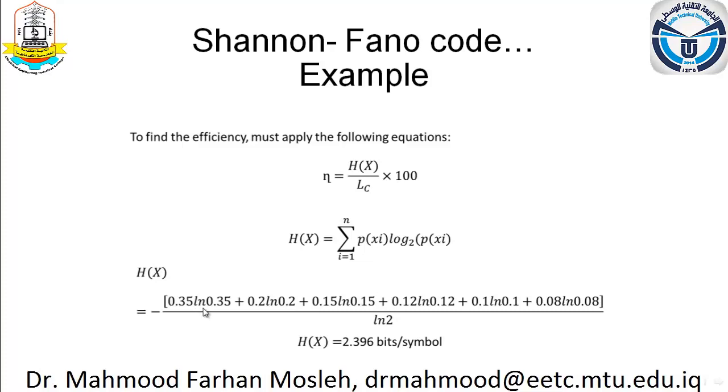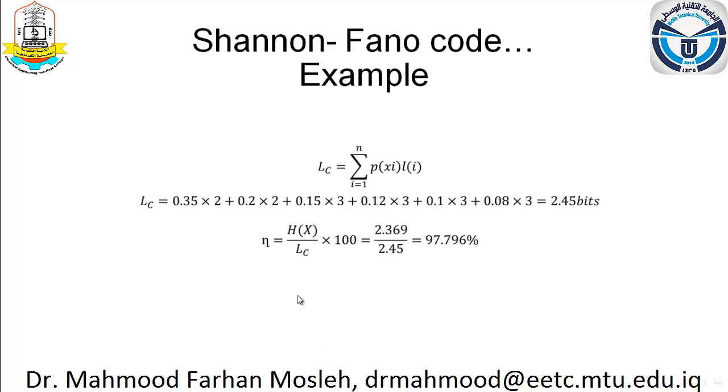So each probability is multiplied by ln of that probability, and added to the others, and the summation of all these terms is divided by ln 2 to get the final value of H(X).